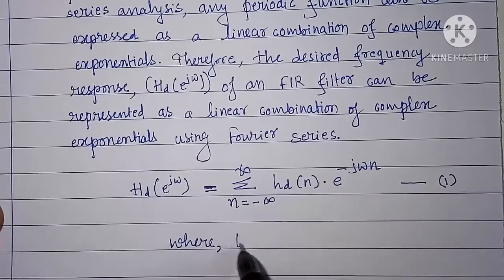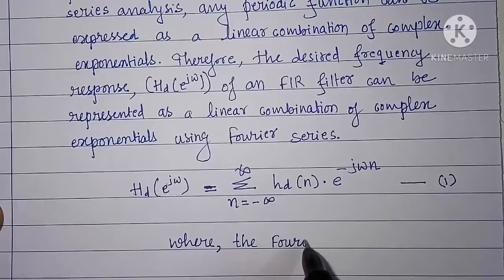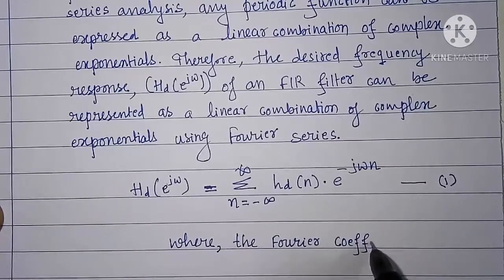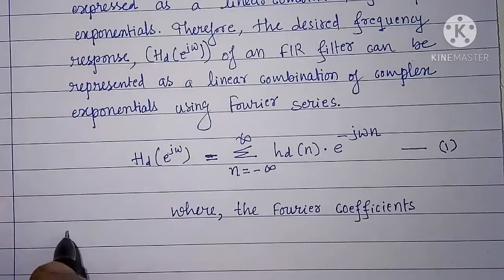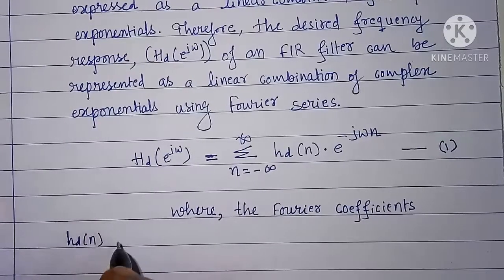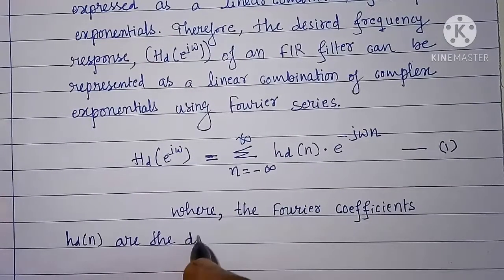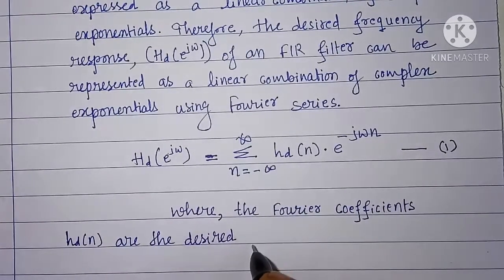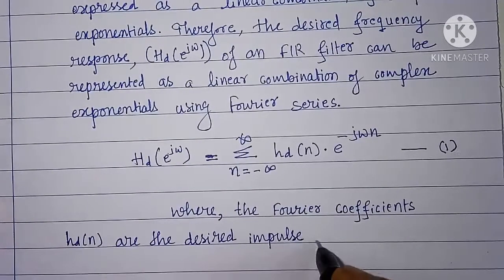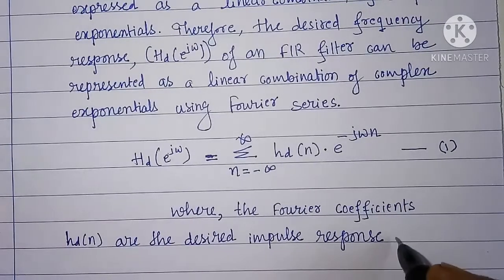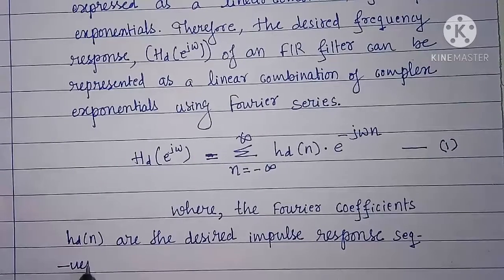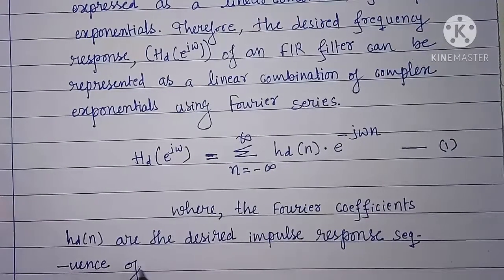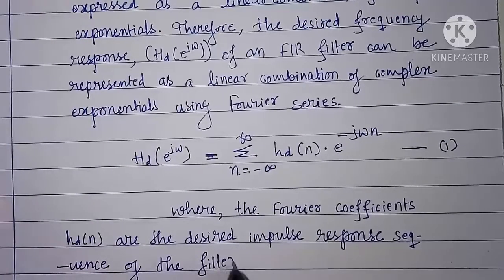Where the Fourier coefficients Hd of n are the desired impulse response sequence of the filter.